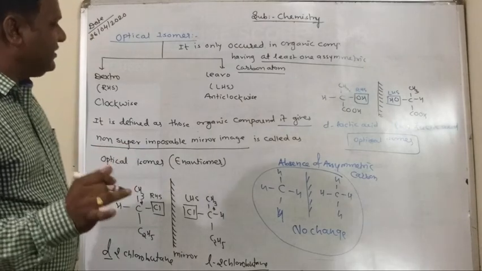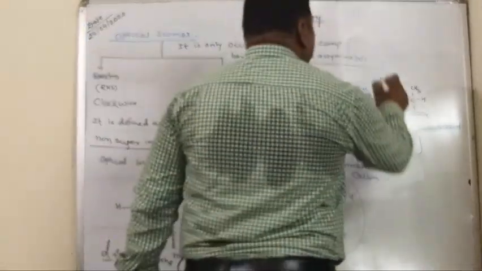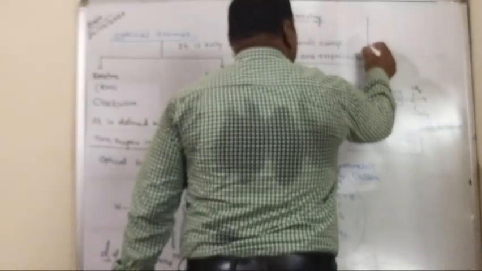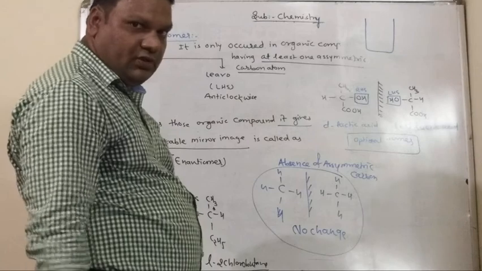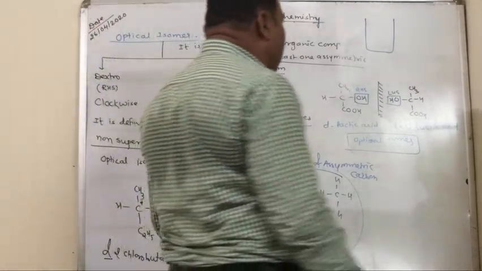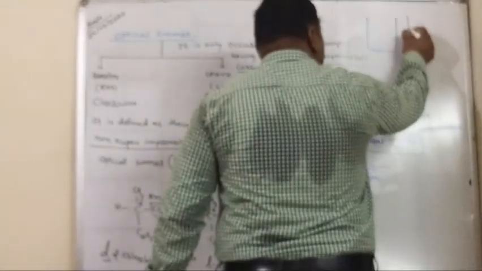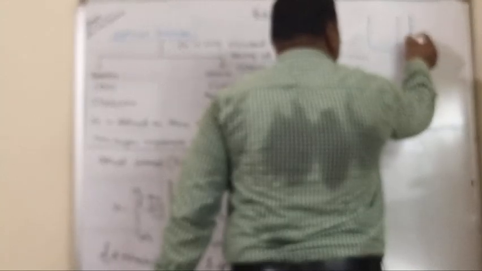Another example, we say that here, if we take one glass, okay, and now the same glass we have to observe in mirror. This is the mirror. What changes you observed here?